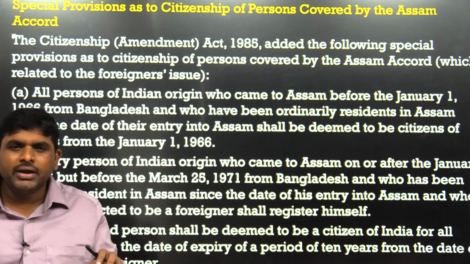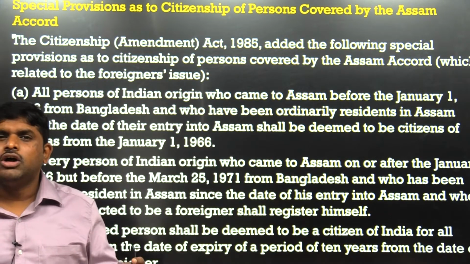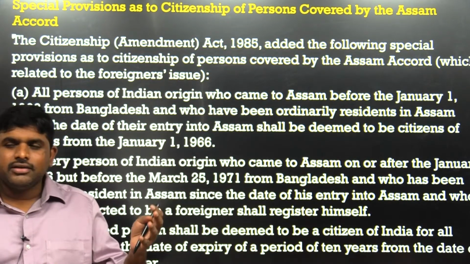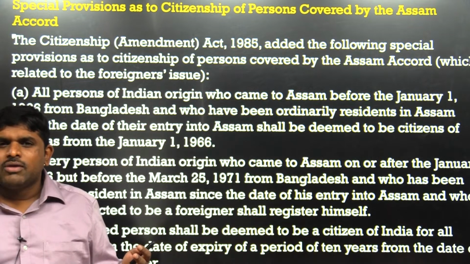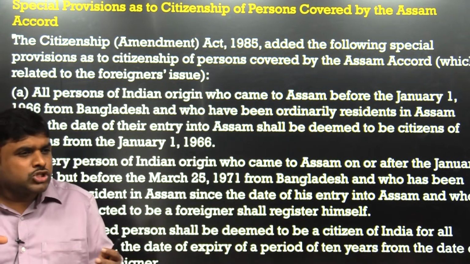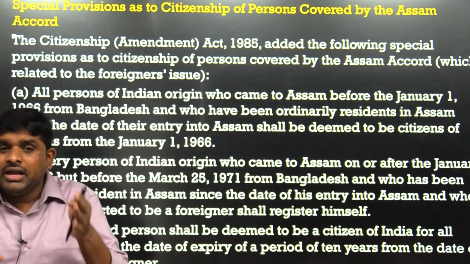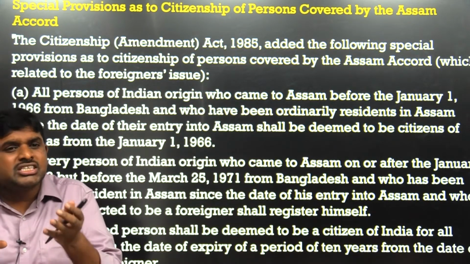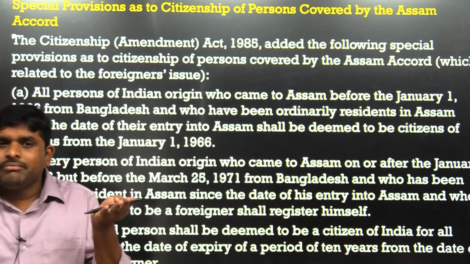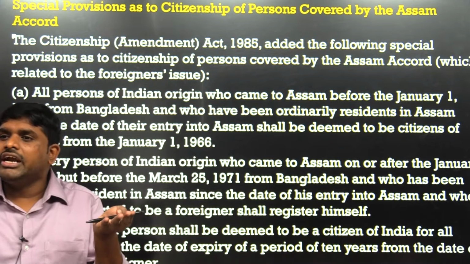Number 1. Number 2, what happened? They also enrolled into the electoral college. They got voter cards. Which religion do they belong to? Muslim, Islam. So slowly what happened? The Assamese person who is a Muslim started growing. A leadership evolved, getting support from the Muslim infiltrators.